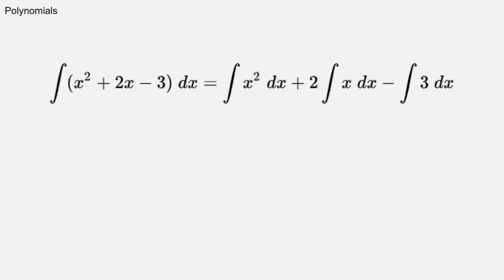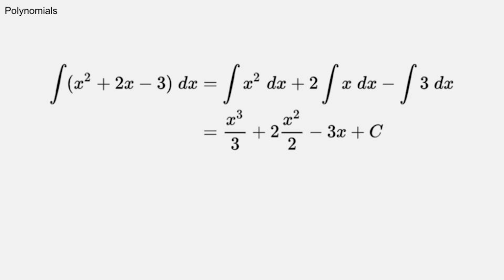And notice how each term, I'm still including the dx there, it is an important bit of notation that you can't leave off. Also notice that I brought the 2 out in front of the middle term because using the constant multiple rule, a constant multiplied by a function, I can ignore the constant, bring it out in front, and just take the indefinite integral of the function itself.